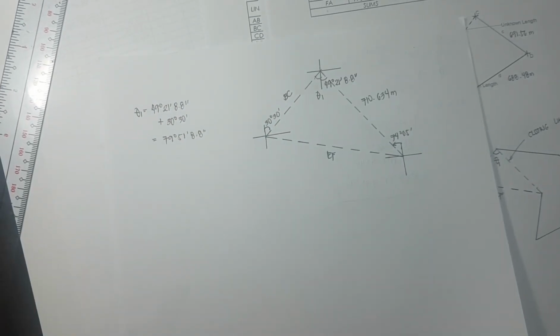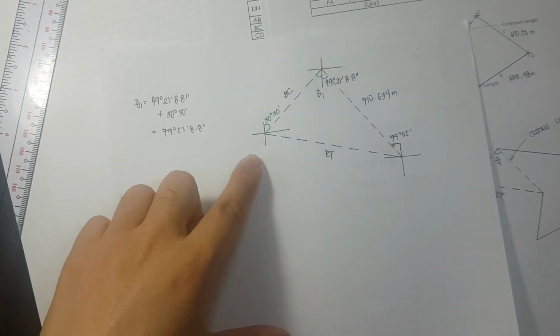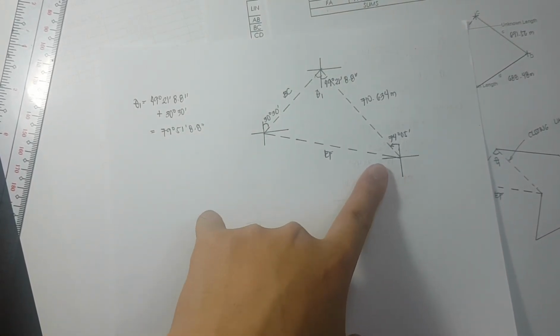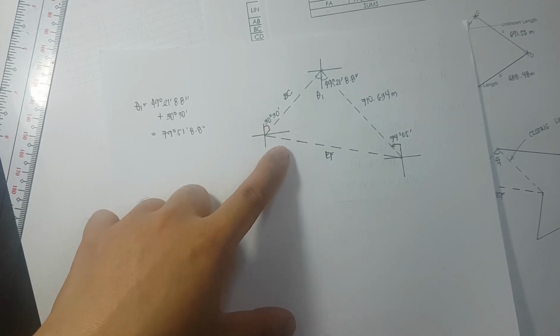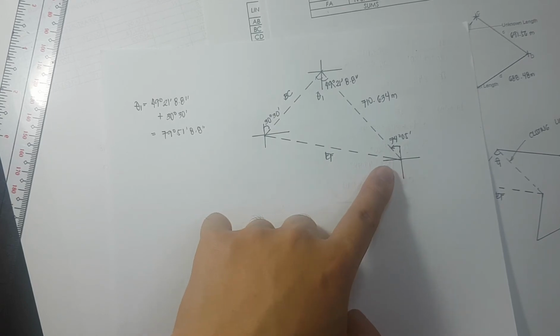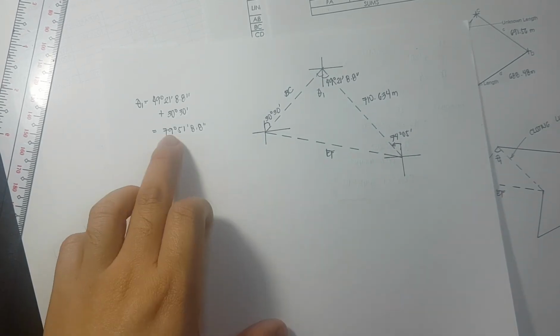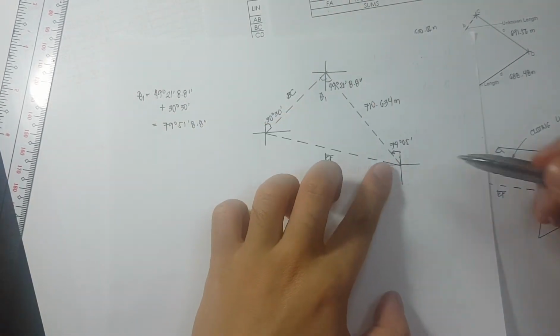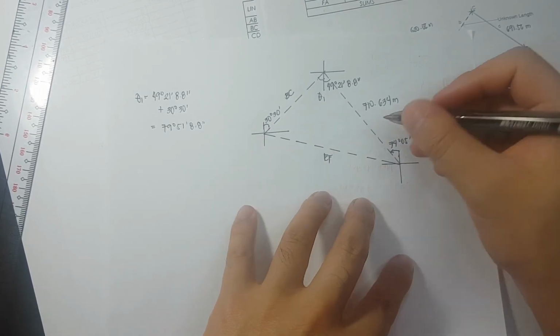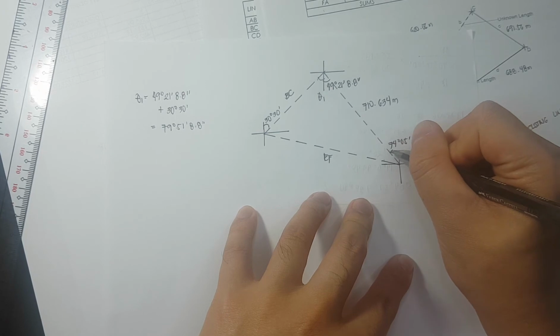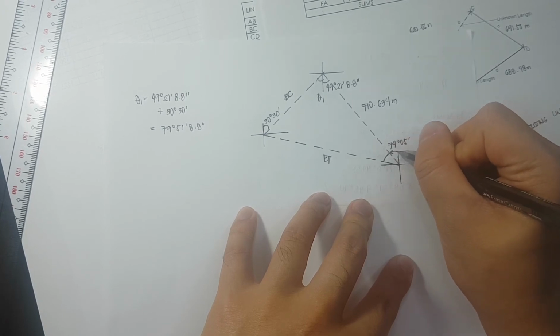Okay. Now for the angle here, what is next? Wait, that's wrong. The 74 for E to F is this one. Let's extend it here.